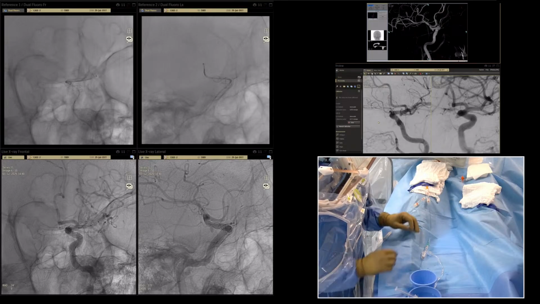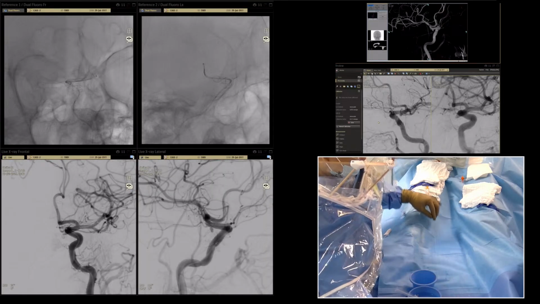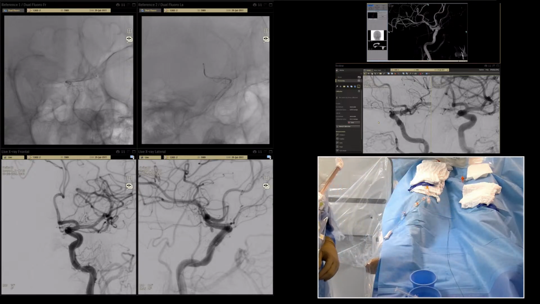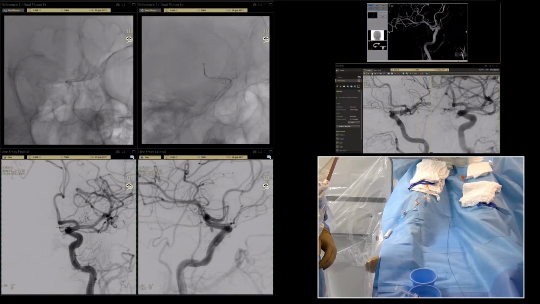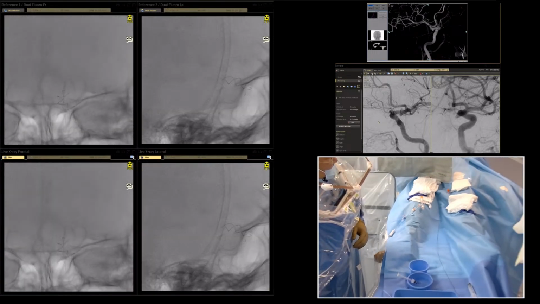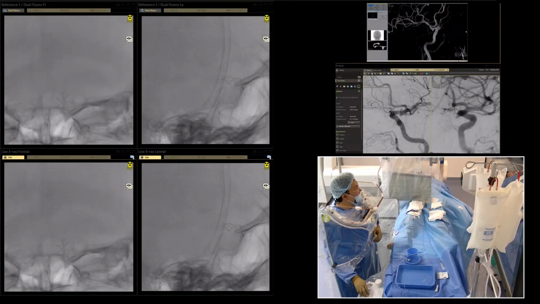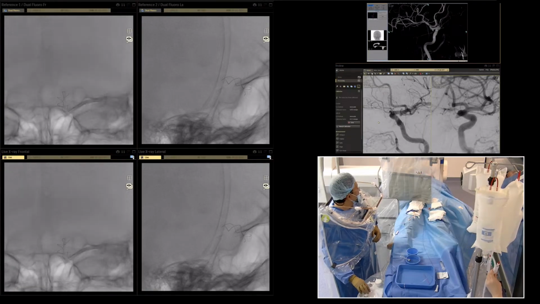The possible problem is venous pathology. Okay, the stent is now placed. I will do cranial to check the, okay, it's a palm projection like this.